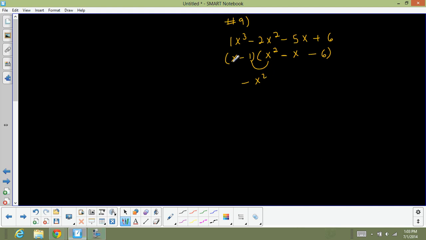And then when I do this x times this minus x, it gives me another minus x squared. And minus x squared twice is the desired minus 2x squared. So I've sort of intuitively factored it.